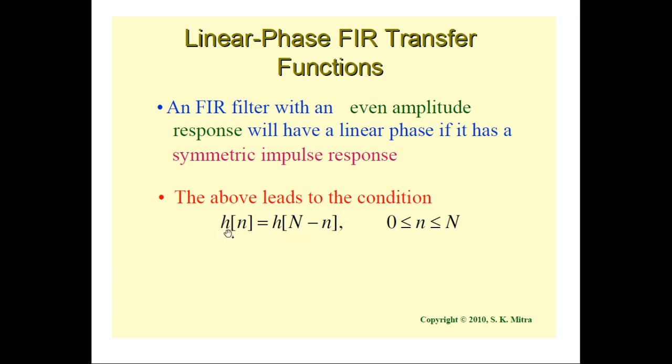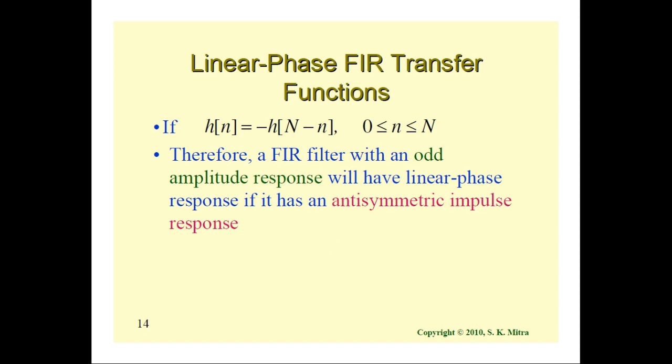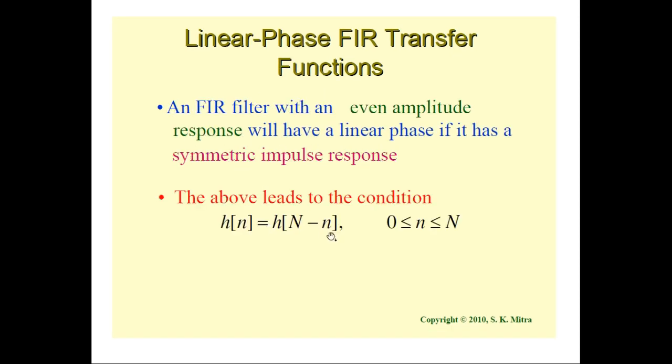So this system has a symmetric impulse response, that is, with reference to the center of symmetry, the impulse response coefficients are similar. So we can realize linear phase characteristics in the case of an FIR filter if it has a symmetric impulse response.